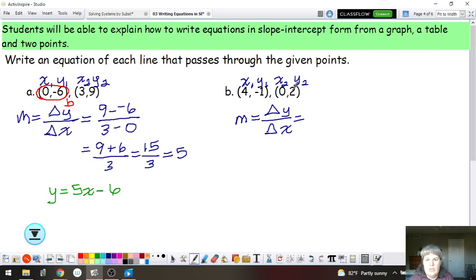Find the change in my y values, so 2 subtract -1 over 0 subtract 4. 2 subtract negative 1 becomes 2 plus 1. 0 subtract 4 is negative 4. 2 plus 1 is 3 over negative 4.